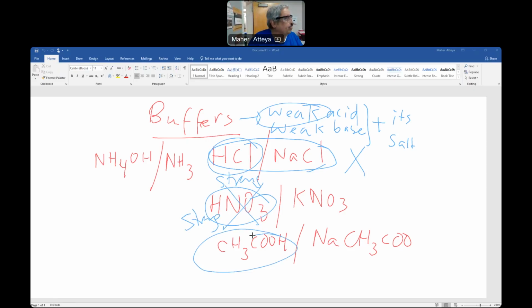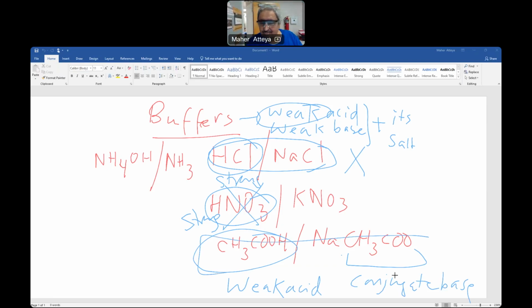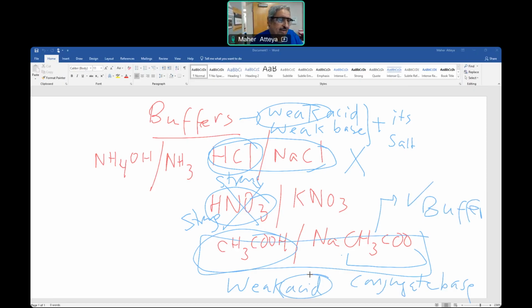Acetic acid, that's a weak acid, and this is the conjugate base, its salt. So this is a buffer. This has a weak acid here. Ammonium hydroxide, weak base.